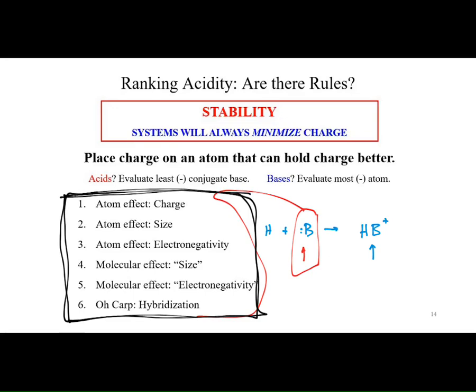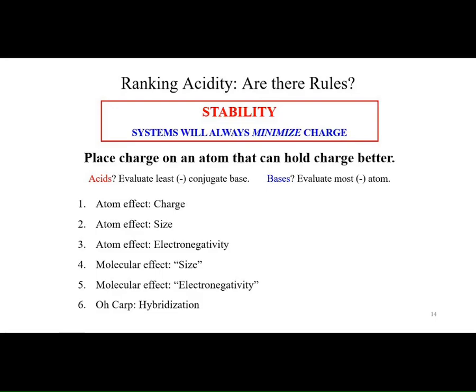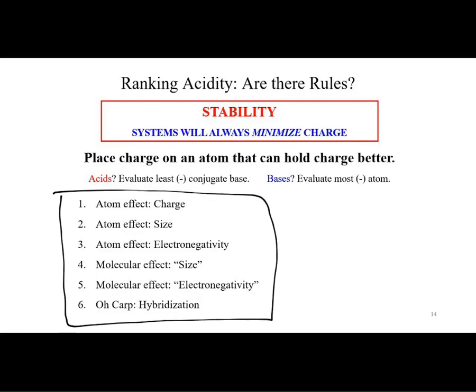This is why one of the biggest things you can do to help yourself is to memorize the sequence of things that you should be evaluating, memorize the definition of an acid, memorize the definition of a base, memorize the definition of an electrophile, and memorize the definition of a nucleophile.